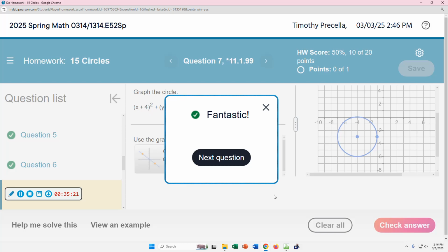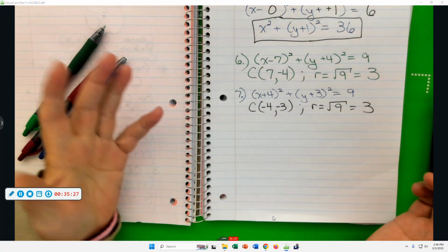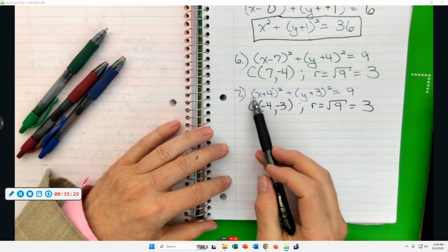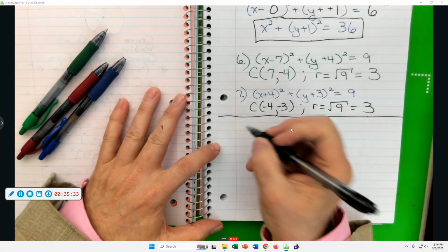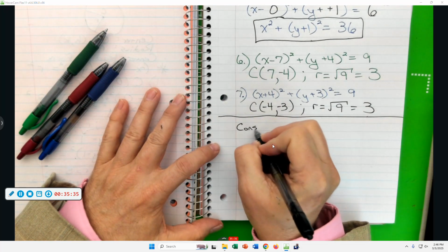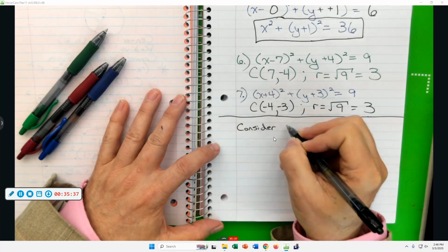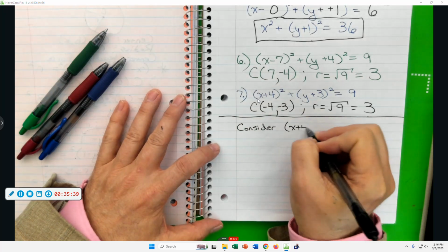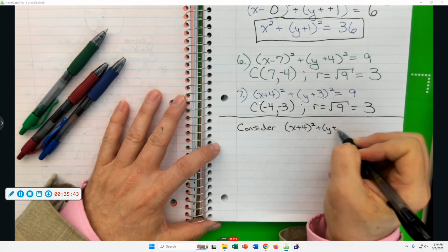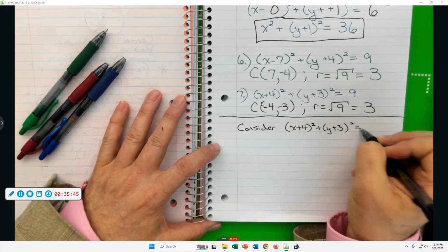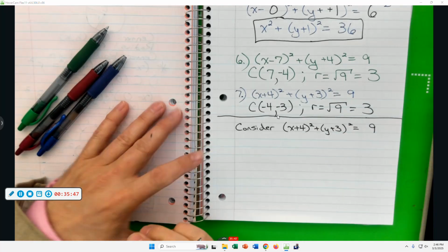Well, it can't stay this simple forever, right? I want us to consider, I guess I'll just use number 7. We're through with number 7, but I want us to consider the equation x plus 4 quantity squared plus y plus 3 quantity squared is equal to 9.